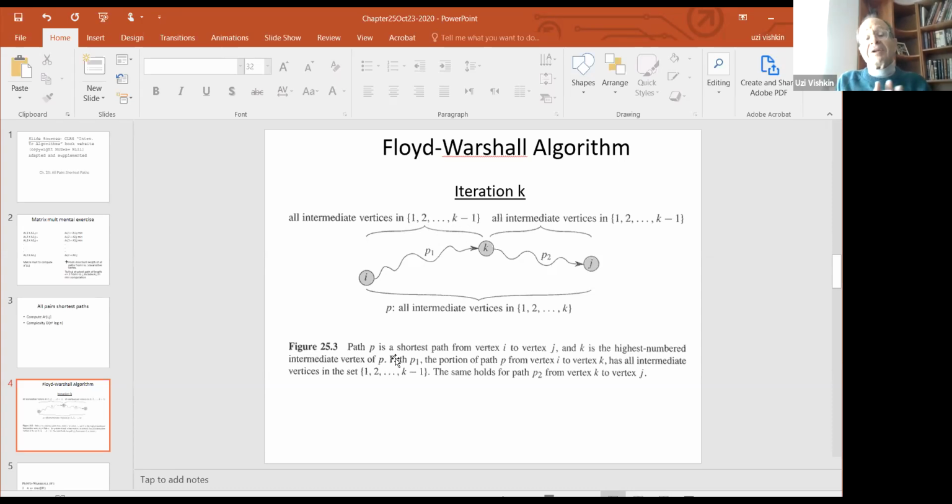So the vertices are numbered 1 to n. The base of the induction is that we know how to go directly from every i to every j, because we are given the list of edges. So in the first iteration, we already figured out how to go from i to j through the empty set of intermediate stops, because we only know to go directly.